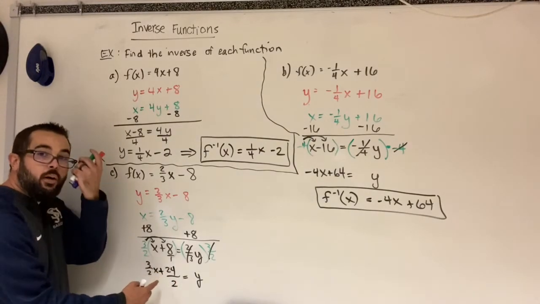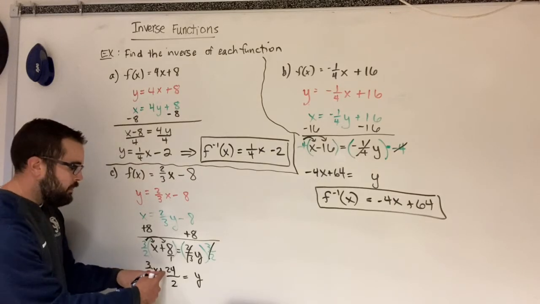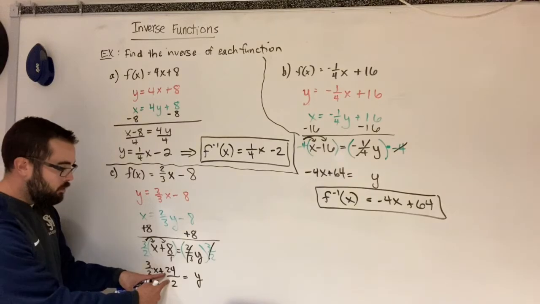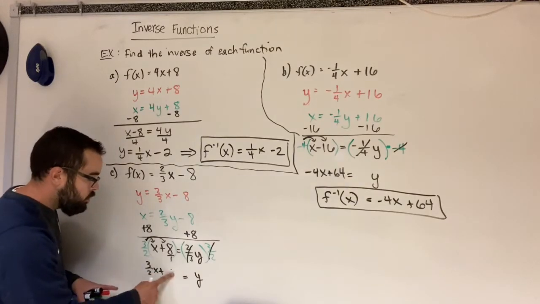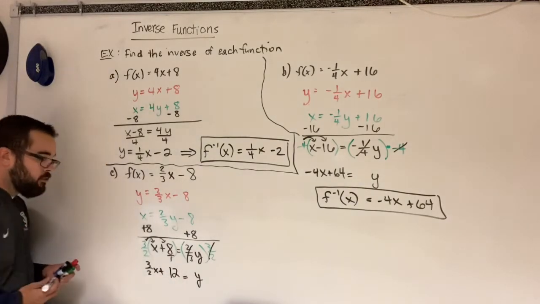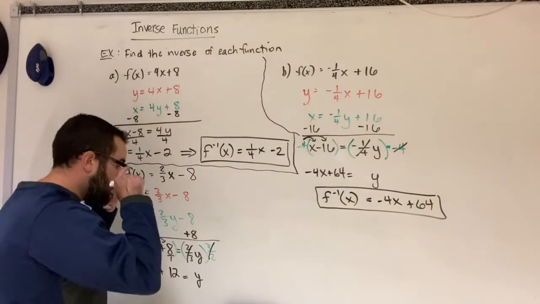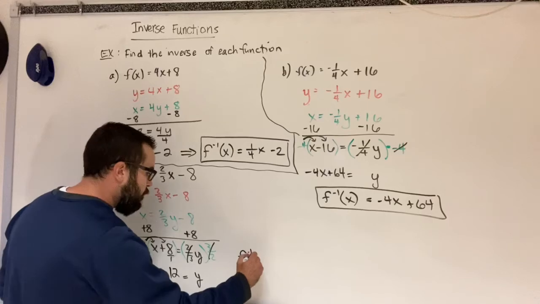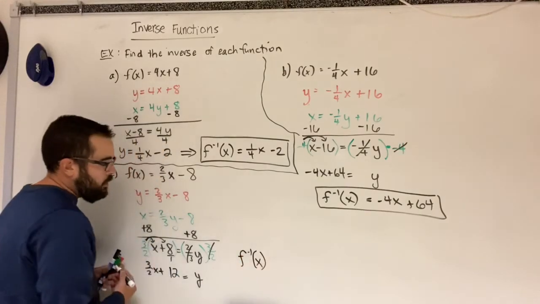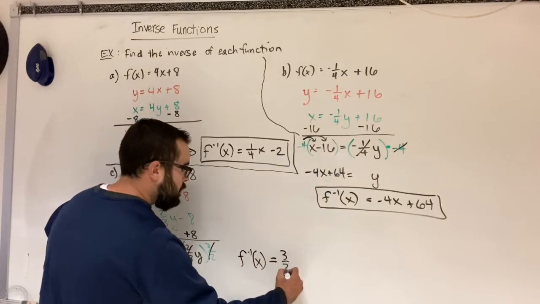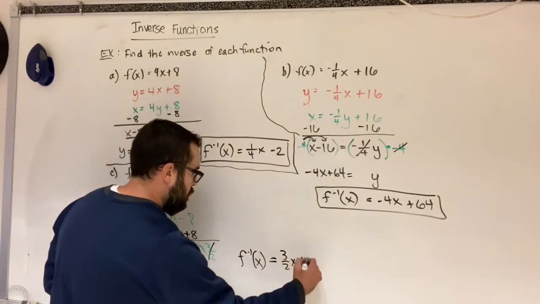So, before I say that's my final answer, I have to ask, can that be reduced? Well, this just says 24 divided by 2, which is 12. So there's our answer. We just need to write it in the correct inverse notation. So my final answer is the inverse of f of x is equal to 3/2 x plus 12.